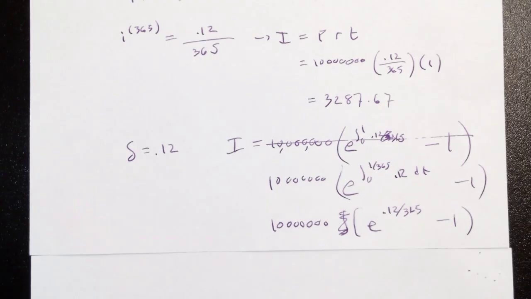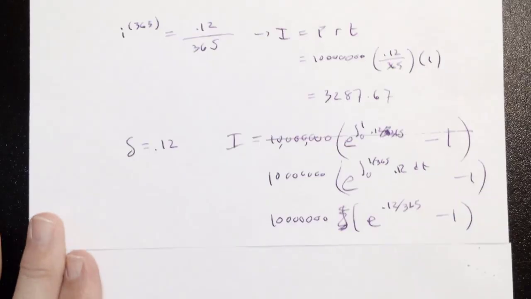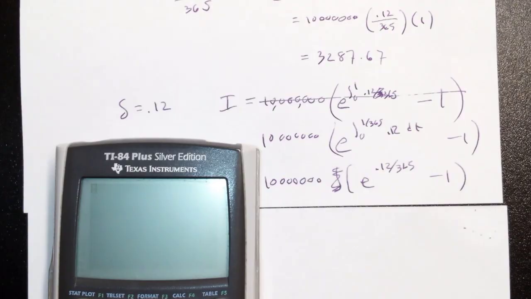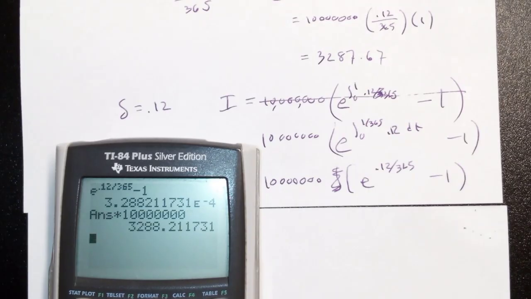Again, my question is, what's the value of this interest? e to the 0.12 divided by 365, minus 1, times 10 million. The difference is about 50 cents, whether I use the discrete version or the continuous version.